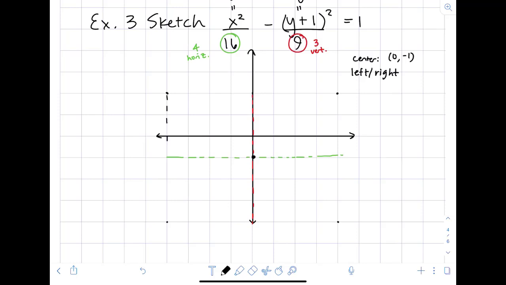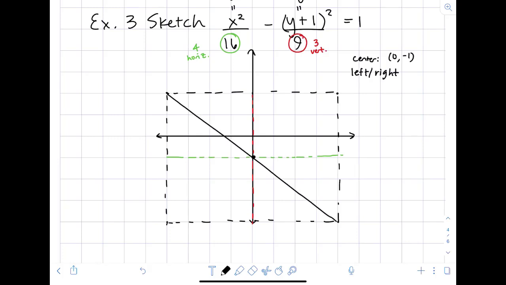Okay, so sometimes you'll see people actually dash out the box, but dashing out the box is optional. It's whatever is going to help you visualize what's going on. I generally do, just so that we can see what we're connecting. So then the actual asymptotes for the hyperbola are the diagonals of this rectangle that we just blocked out.